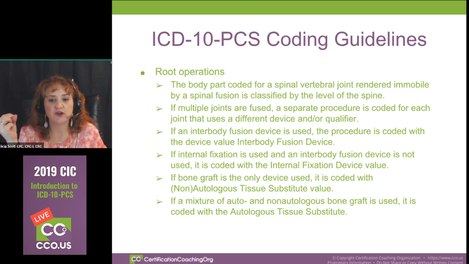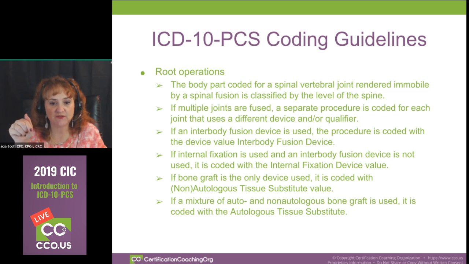Then there is actually an area for an intrabody fusion device, last two characters. Internal fixation, if it's going to be an interbody fusion and it's not used, then it's still going to be coded with that internal fixation device, not interbody fusion device.